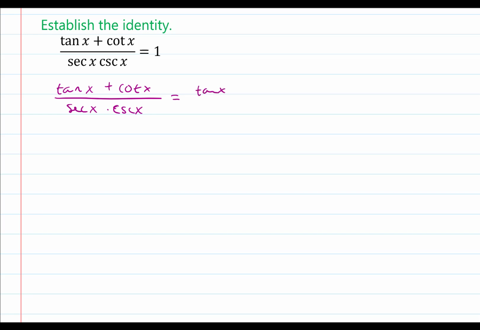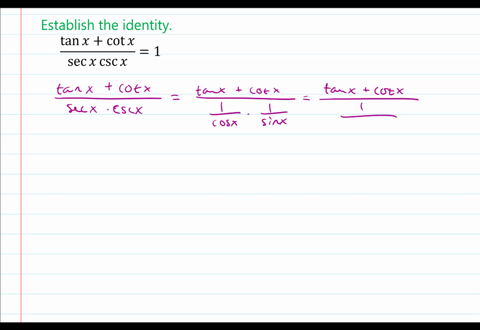My first step is I'm going to replace secant and cosecant with the reciprocal identities, so that would be tangent of angle x plus cotangent of angle x over 1 over cosine of angle x times 1 over sine of angle x. I can now write that as a single fraction in the denominator, so I'll have tangent of angle x plus cotangent of angle x over 1 over cosine of angle x times sine of angle x.